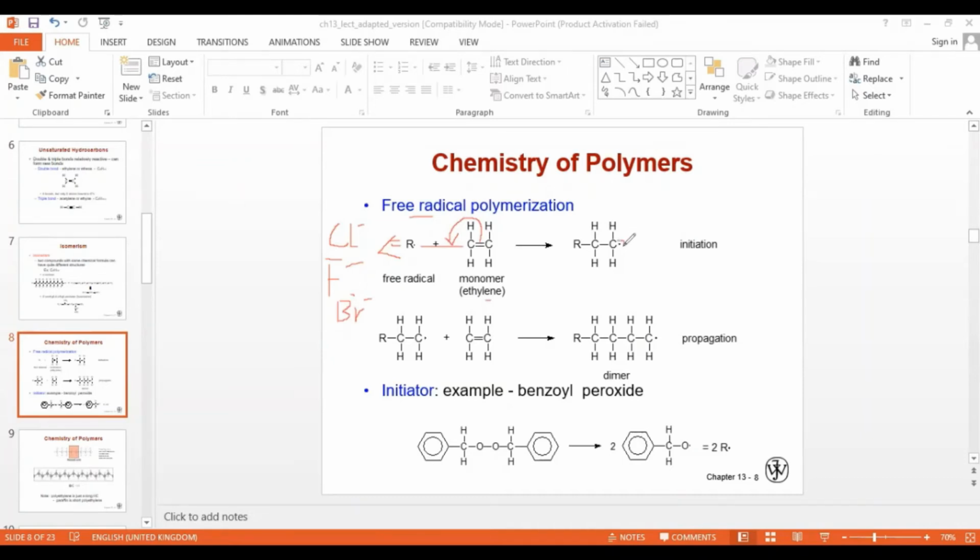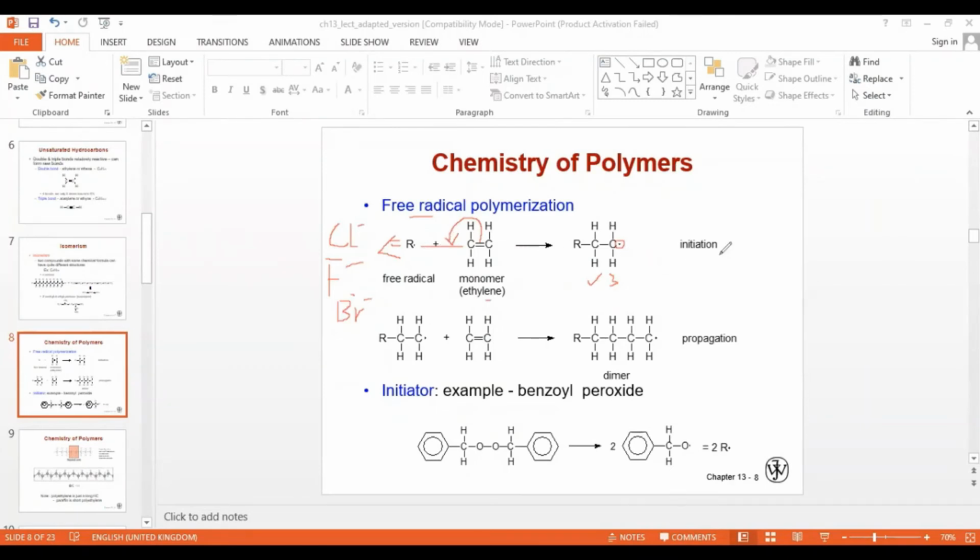Why this dot here? Because this carbon has 1, 2, 3, 4 bonds, that's fine. But this carbon has 1, 2, 3 bonds, only 3 bonds. So there is space for another molecule or atom to join with. To denote that, we put this dot. Here also in R, usually we put the dot, which means it is ready to join.